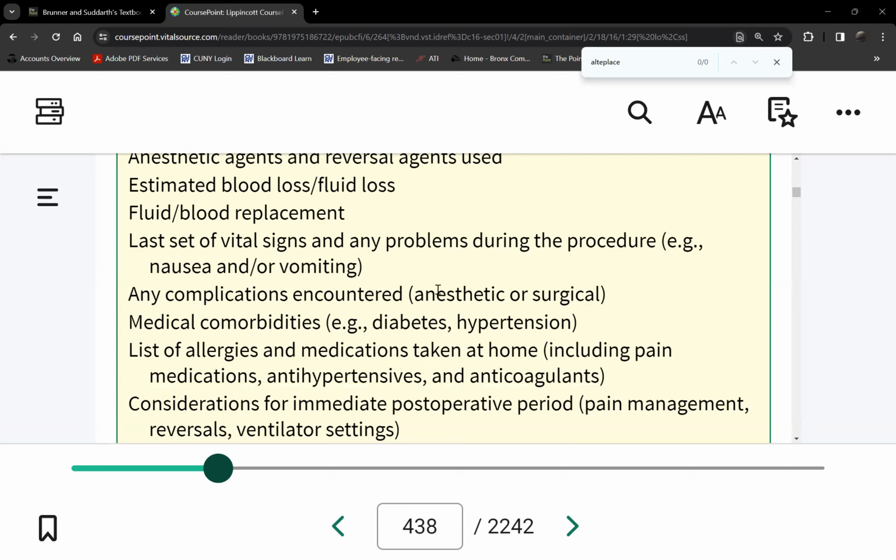Any complications? Were there any? Did the patient fall off the operating room table? Did any body parts come flying? Or did we cut off the wrong appendage? Is it the right patient we were supposed to do surgery on? Any medical comorbidities?